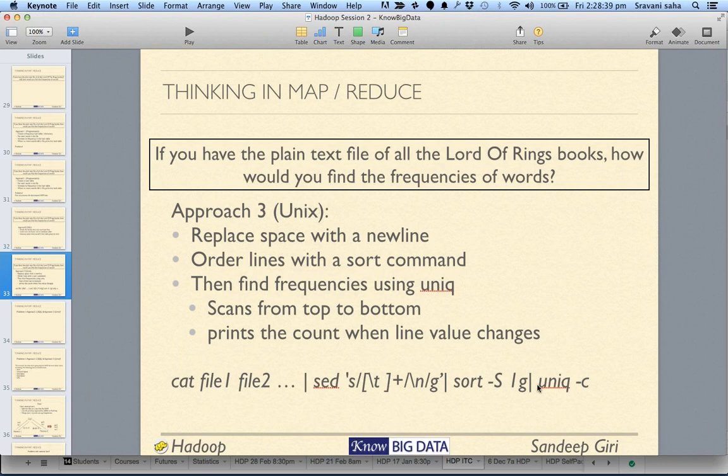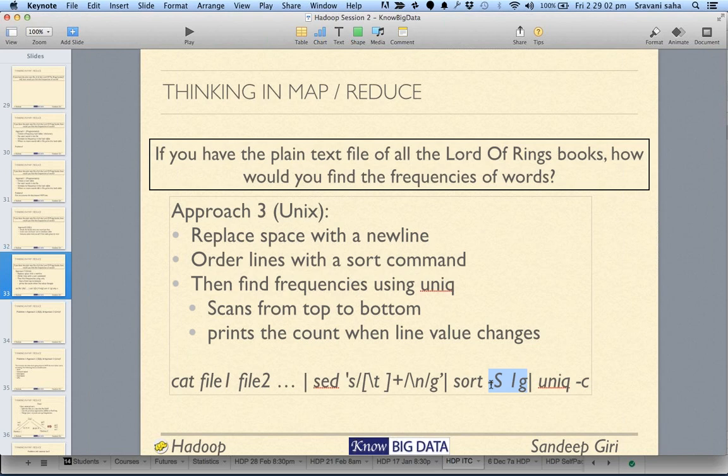Now the syntax which you may not be aware of is this part: minus capital S 1 gig. It says sort using only 1 GB of memory.